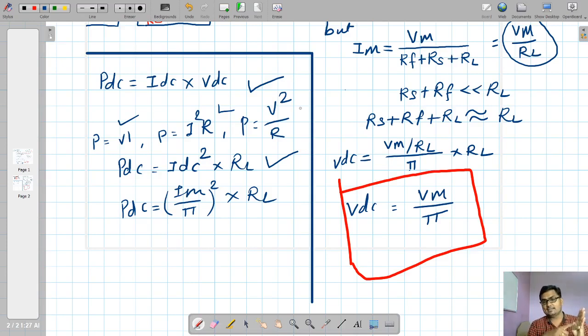Instead of IAC, I will write I RMS. Then it is V RMS. Instead of VAC, I am writing V RMS. And then PAC. That's what. AC power, AC voltage, and AC current. Now let's take a new page and start with those AC parameters. Right.